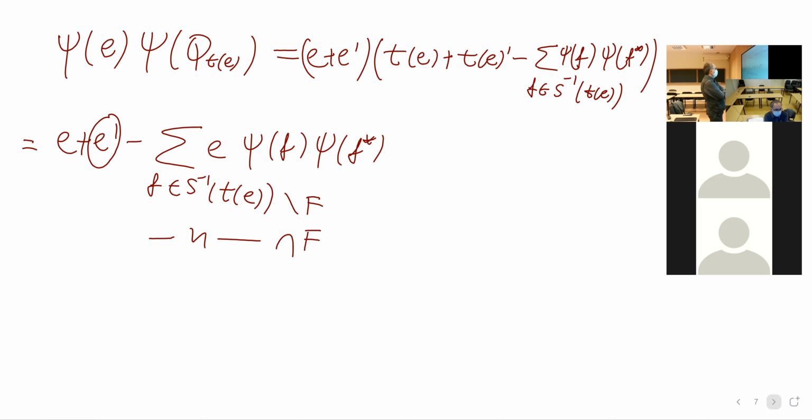Okay, let's look at the first sum where nothing happens. So psi of F and psi of F star will be F star. So I'll have E F star and Y. E ends where F begins. So there is nothing wrong here.